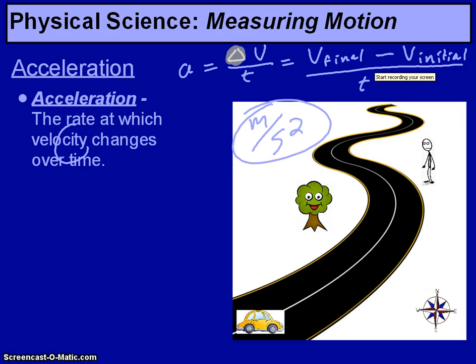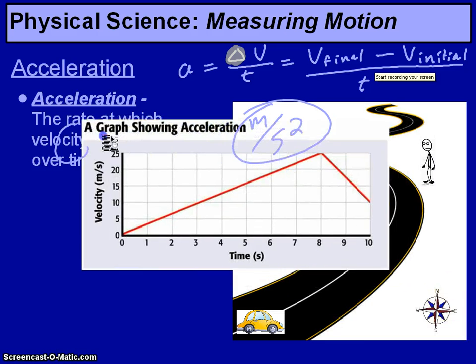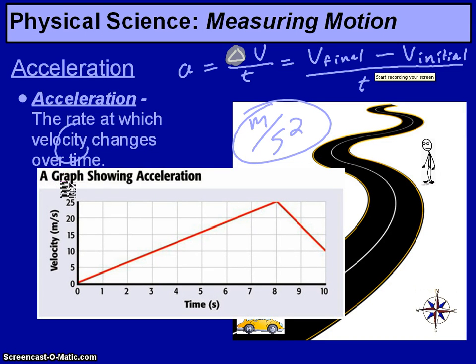Okay, so I'm going to bring up a quick graph showing acceleration. Whereas the previous graph was a graph of distance per time, this new graph is velocity divided by time. So we start out at 0 meters per second, and over time the velocity is steadily increasing.